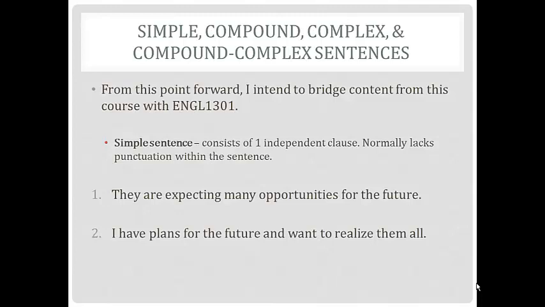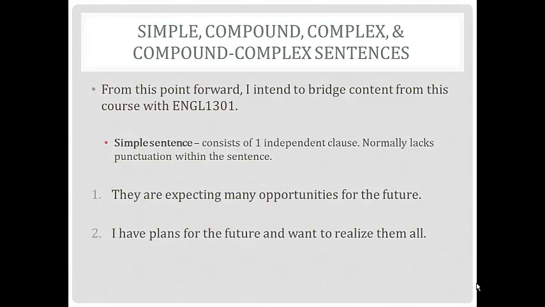Let me make it very clear. The second example here does use a fanboys word. Remember, fanboys is for, and, nor, but, or, yet, and so. And that's a coordinating conjunction word that's often used with a comma to separate 2 independent thoughts. Now, what does a simple sentence say that it is?